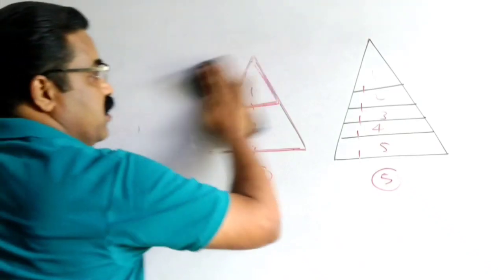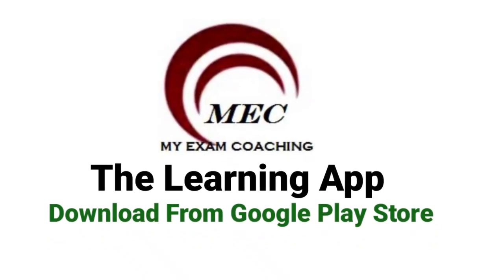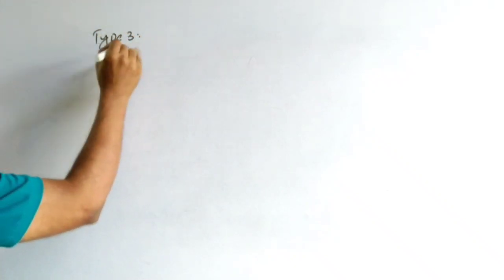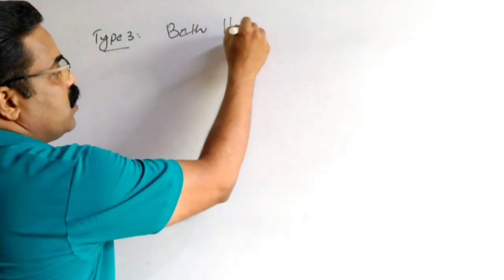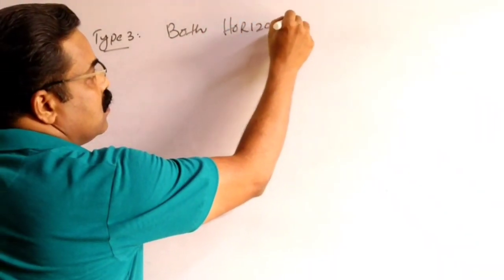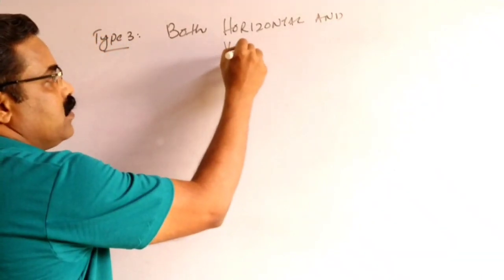So type 3 questions. In type 3 questions, we will see both horizontal and non-horizontal, or you can say vertical lines.